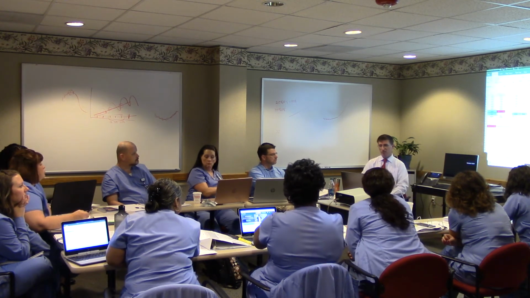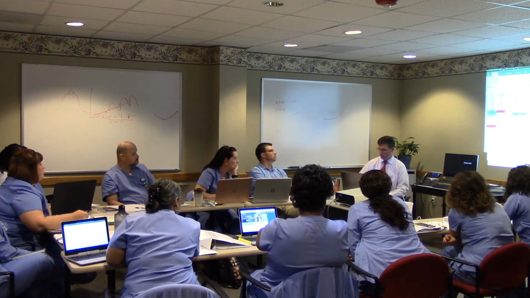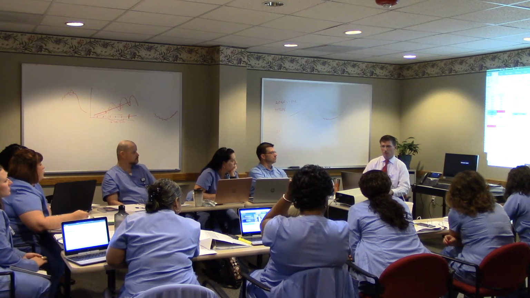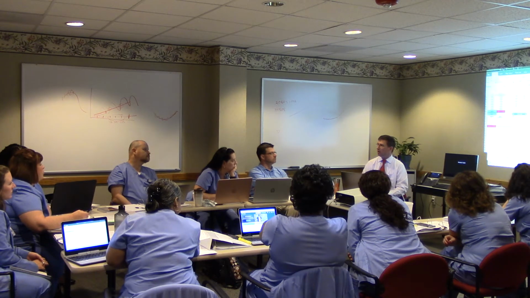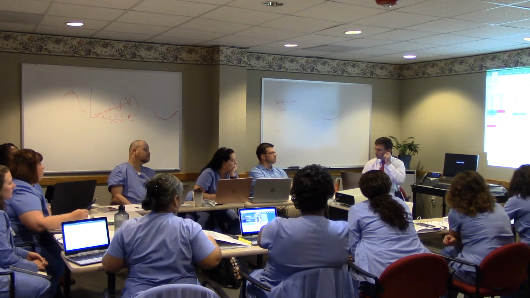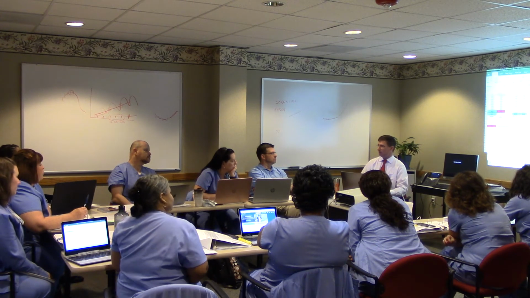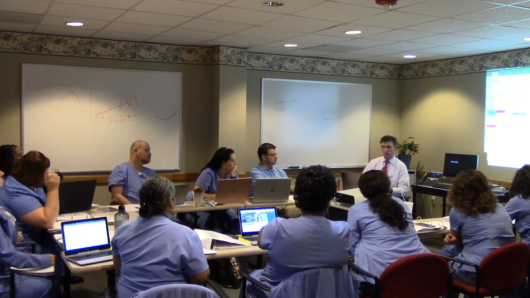I could sit here and play with this alpha all day long. I could change it to 0.6, and you'll see the model move down, right? Or I could say, well, I really believe it's a 0.2, and you'll see the model move up, right? But we want that model as close to reality as possible because we're trying to predict what's going to happen next year in 2019, right?